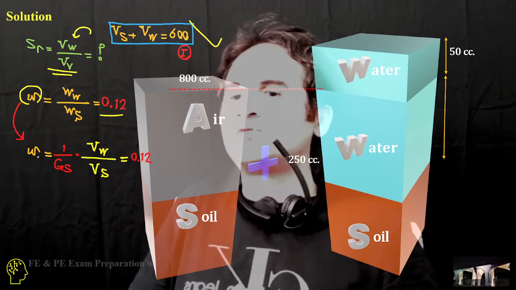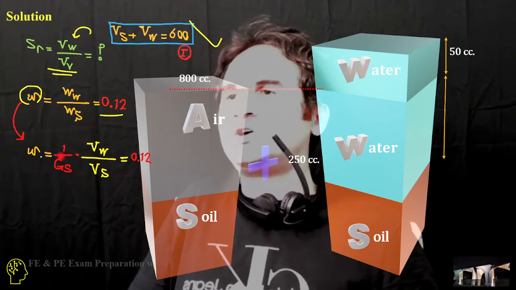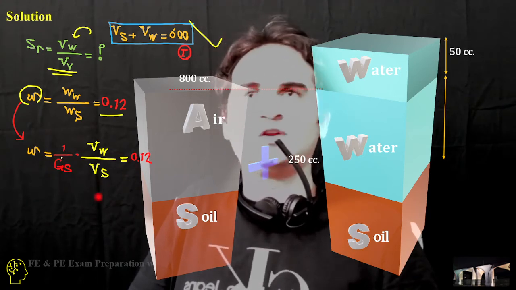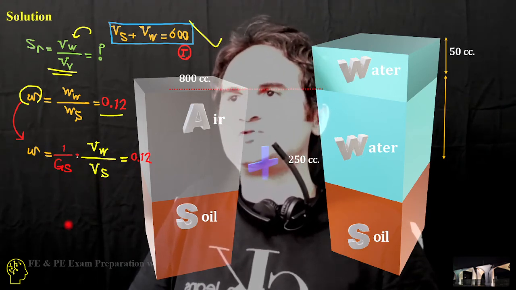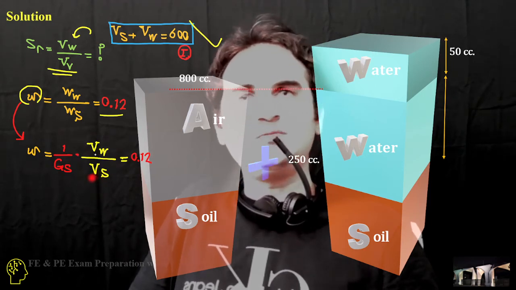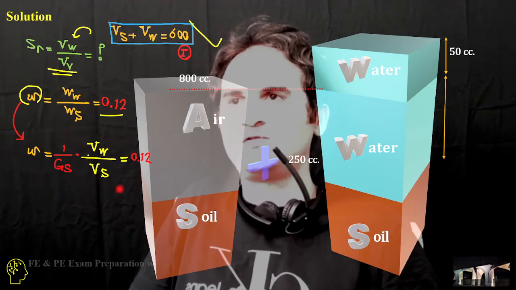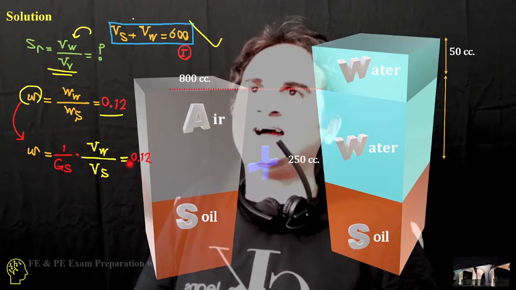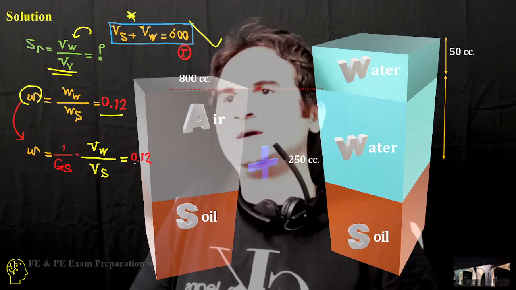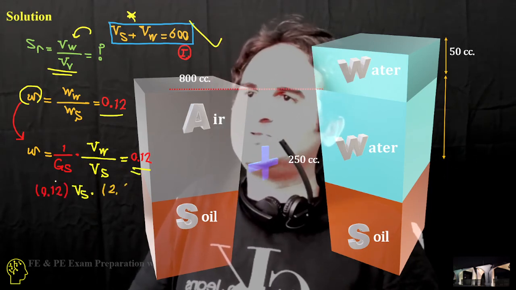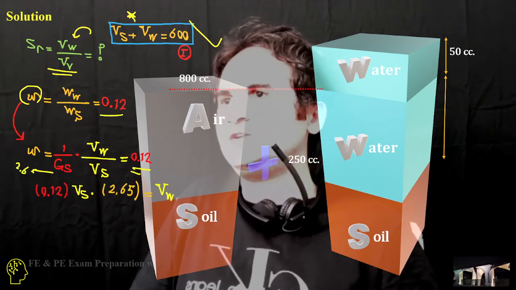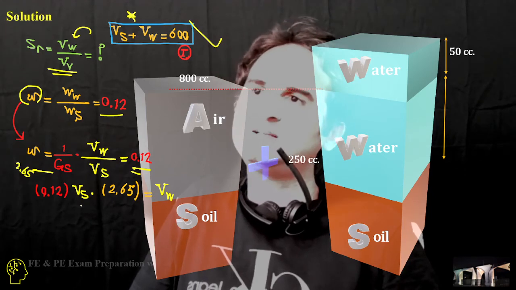If you rewrite the moisture content, which is a weight relation, based off the volume relation, that's 1 over Gs times volume of water over volume of soil, because we already have a relation between them. If you rearrange this equation, Gs is already provided to be 2.65 in the problem statement.